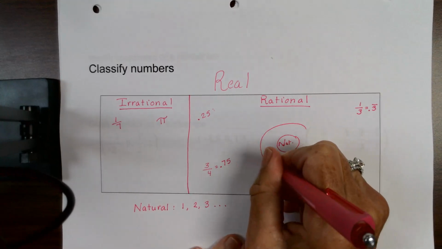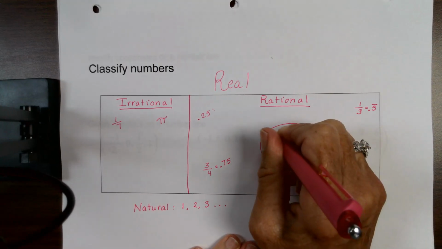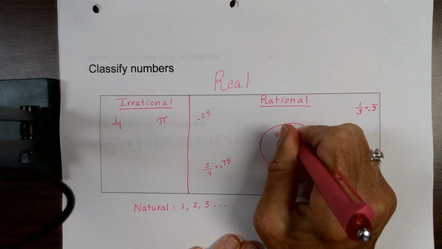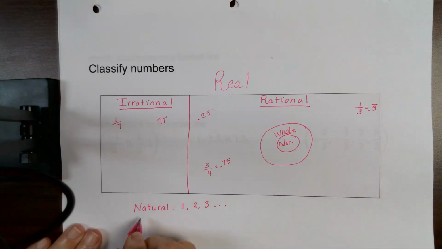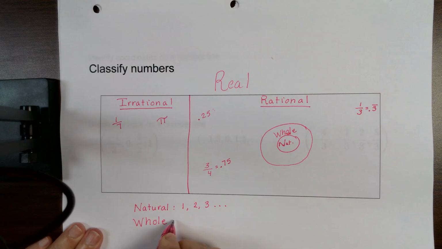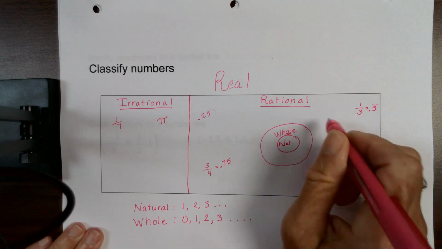Outside of the natural numbers is what we call whole numbers. Now, whole numbers include, and I'm going to underline that O there, because whole numbers are just like natural numbers, but they include a 0. And then they continue on forever.